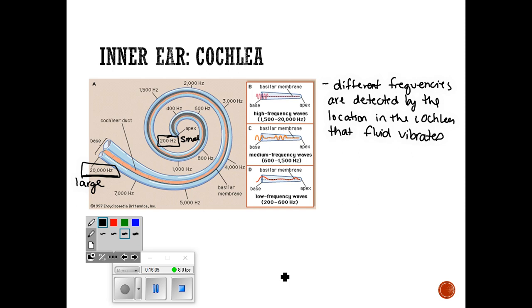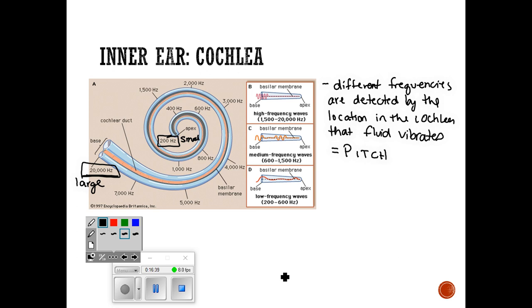Depending on where fluid vibrates in this structure will allow your brain to determine which pitch of sound you are hearing. So is it a really high-pitched sound? Is it a really low-pitched sound? That'll be based on whether fluid vibrates at the beginning of the cochlea, that's the higher frequency sounds, or is it at the very end of the cochlea, that's the lower frequency sounds.